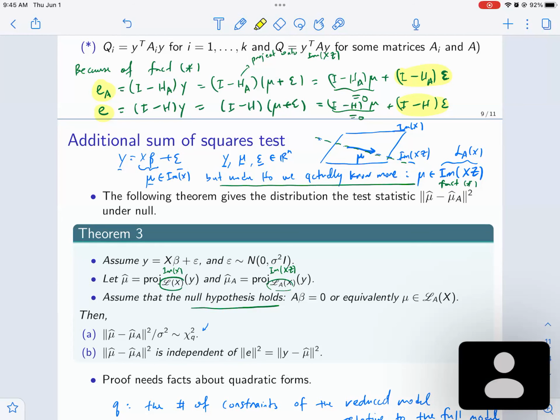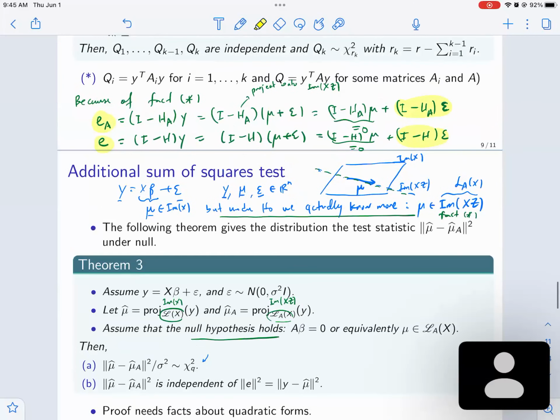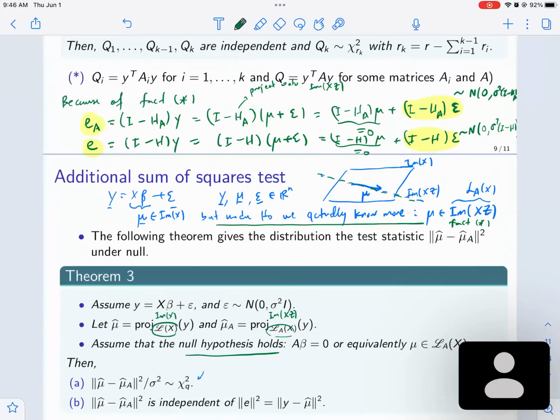Okay, and the distribution of this, you can verify, is going to be normal, with 0 mean and variance sigma squared (I minus HA). And the distribution is going to be normal, with 0 mean and variance sigma squared (I minus H). We have seen this. Another way of saying it is that the top one is also a regression model. I minus HA is the projection matrix there.